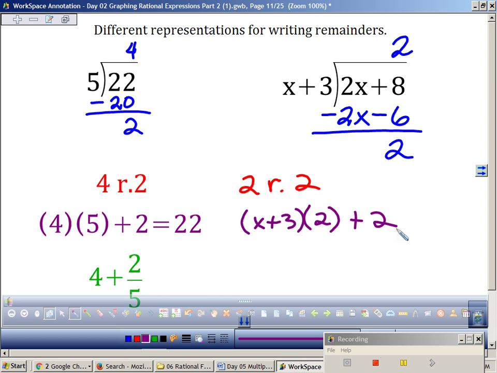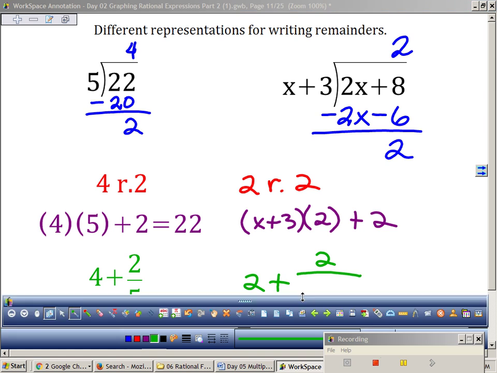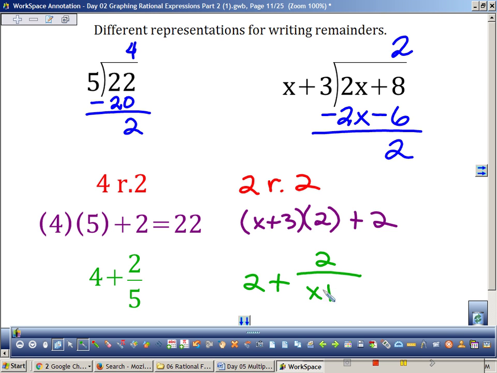And if we were to write it this way, it would be 2 plus 2 remainder over x plus 3. Does that look familiar? It looks like what we've been doing.